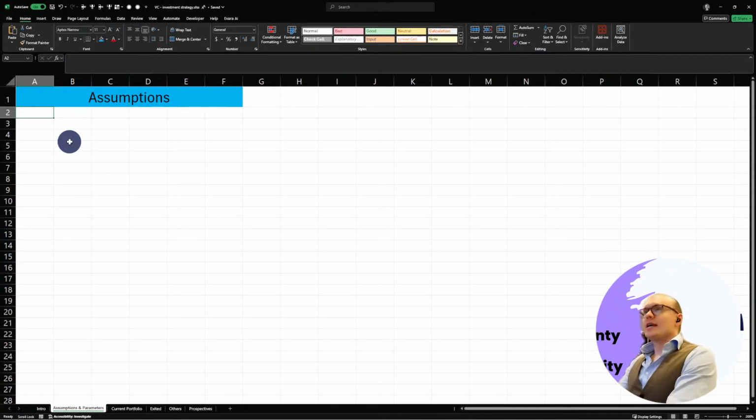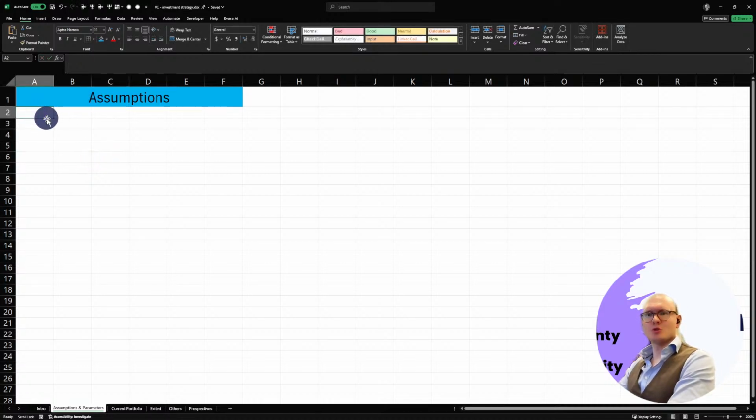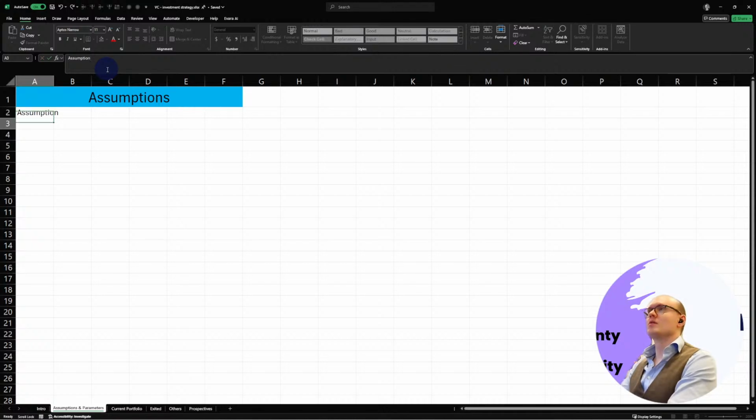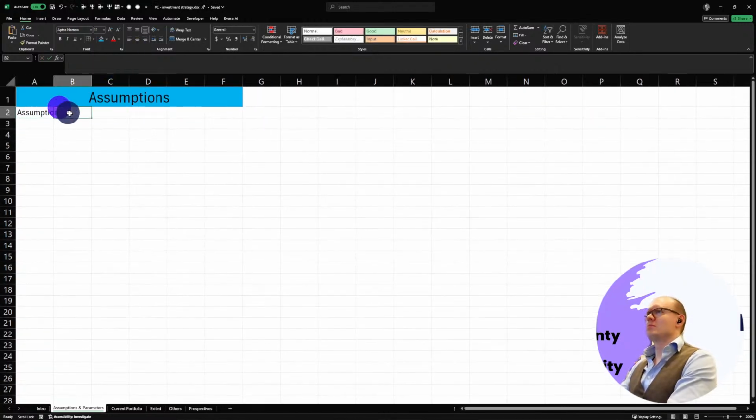So firstly here, let's just say, oh right, we're zoomed in, that's why it looks so much bigger than I'm used to. We would consider this to be named, this is the assumption, and its value.